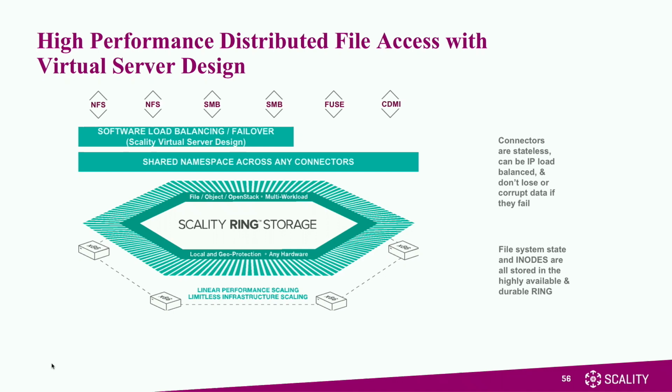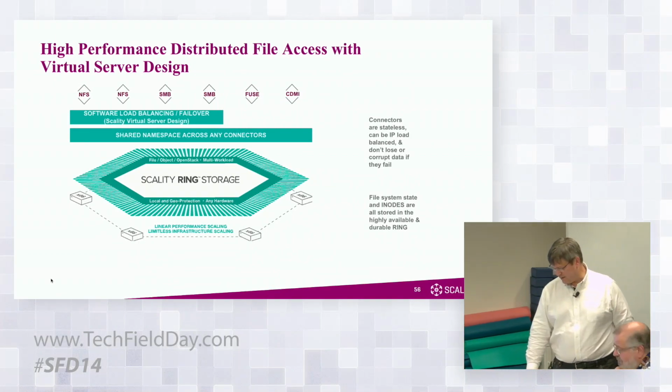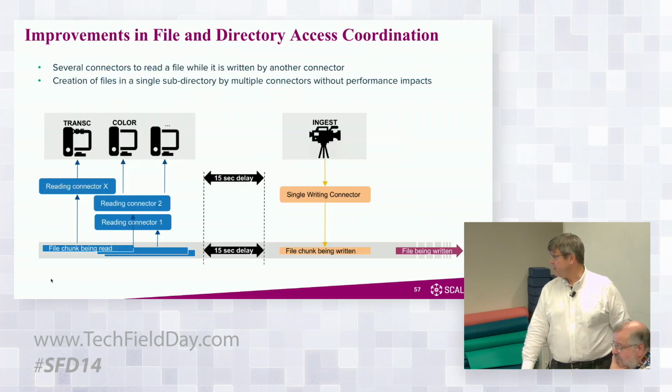That's what we do to provide higher throughput on a single volume. You can parallelize the workload through multiple connectors, and then fail over and fail back between connectors on a pool of virtual IPs provided on the system.